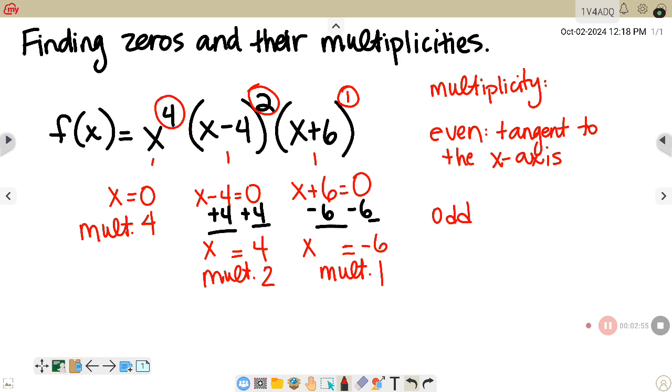It's not going to cross all the way through the x-axis. That's odd multiplicity. So in other words, if your multiplicity is odd, then you are going to cross all the way through the x-axis at that intercept.